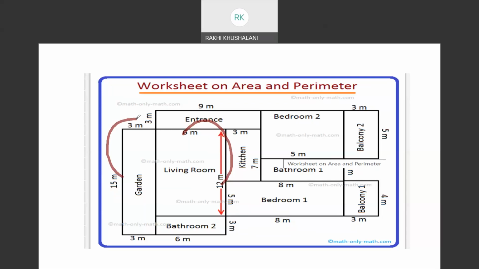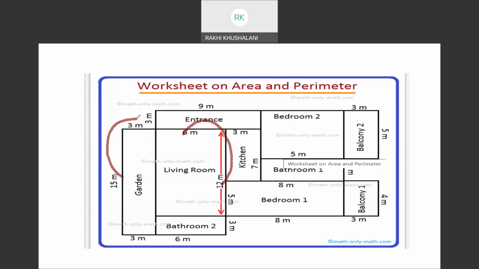You are not going to sit in your garden with a big scale and draw squares. The direct method is the formula method: you multiply side into side. So I'm going to have a beautiful garden of 45 square meters where I'm going to do the plantation.